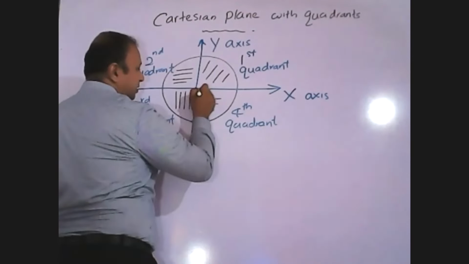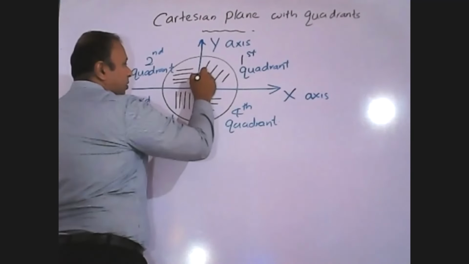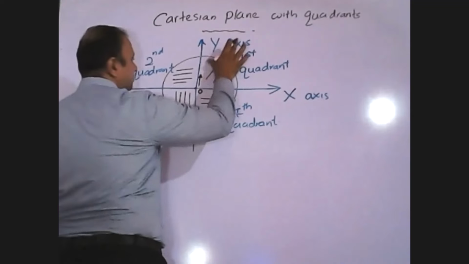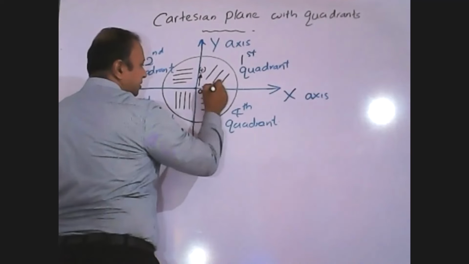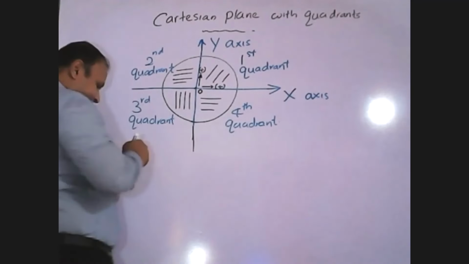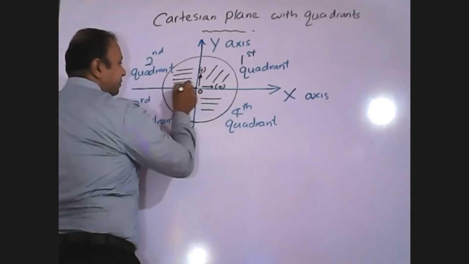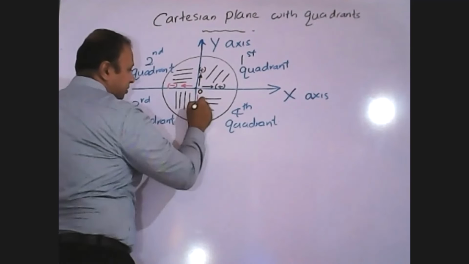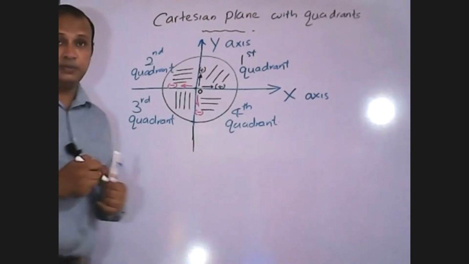If this is the origin, to this side y values are positive, to this side x values are positive, to this side x values are negative, and to this side y values are negative.